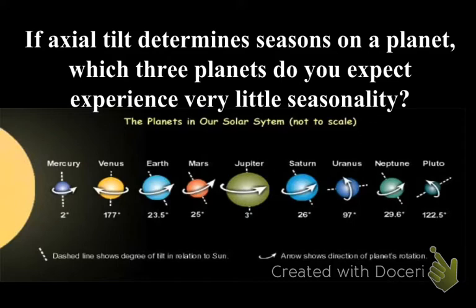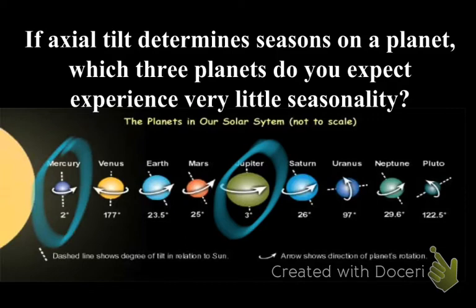If you had to guess, it would be really easy to find that both Jupiter and Mercury, because their tilt is only 2 and 3 degrees, are going to experience very little seasonality. But also, remember, Venus is that retrograde planet. It is 177 degrees, and 180 is opposite of 0, so that is basically straight up and down as well. It would be a 3-degree difference. So Venus would also experience very little seasonality compared to the rest of our planets.